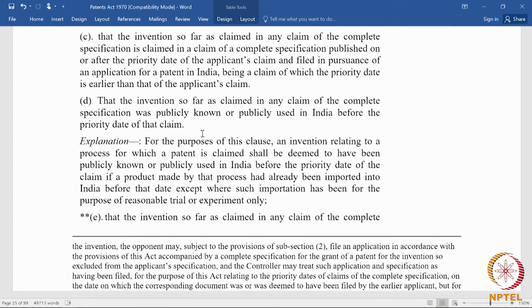It was not documented, it was not written, it was not captured, it was not videographed. Assume that it was not recorded in any way, but a group of people knew it. In those cases you will have to produce evidence to show that people knew it.